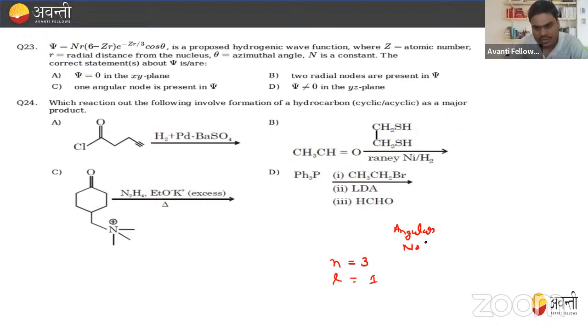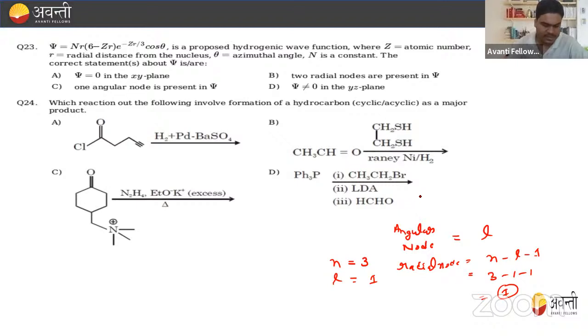Angular nodes equal l. Similarly, what is the radial node? n minus l minus 1. Right, n minus l minus 1. So it is equal to 3 minus 1 minus 1. So the radial node comes out to be 1 and the angular node also comes out to be 1. So both radial and angular nodes are equal to 1 and 1.